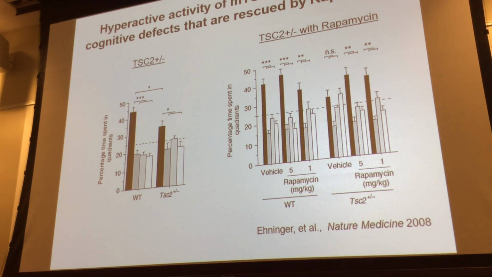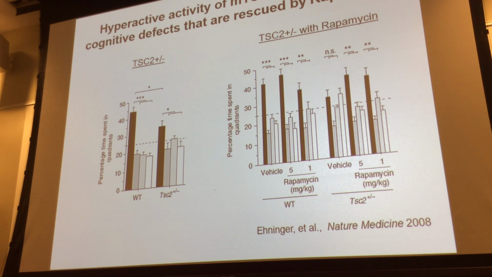So this highlights that when mTOR signaling is up, it's no good. Why? Because you can see here they use the percent time spent in the target quadrant. This is a Morris water maze test, as you probably know. You have a pool of water, and you have the mouse swim to find a hidden platform. Later on, on the 5th day or depending on the protocol, you remove the hidden platform and put the mouse there, letting it swim for like 1 minute.